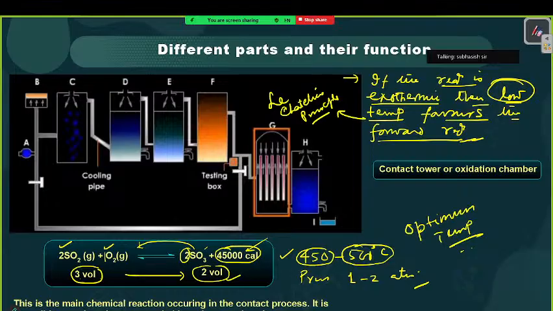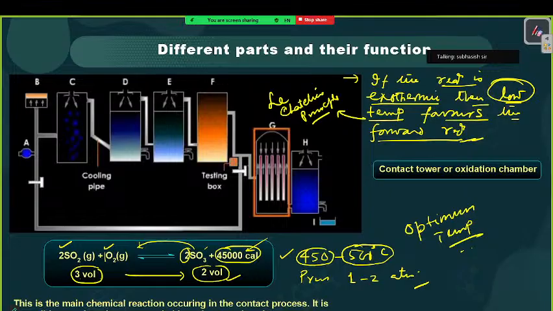To overcome this problem, a temperature around 450 to 500 degrees Celsius is used, because at this temperature the reaction is moderate and the rate of the reaction is such that we can afford it in an industrial process.